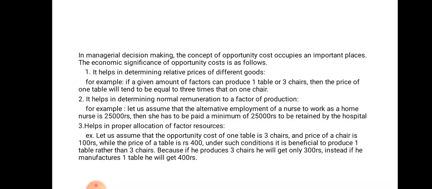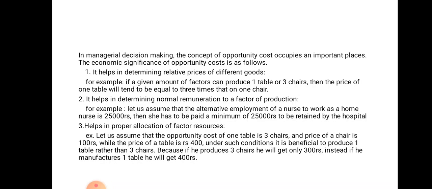Then, if she has to be retained by the hospital, a minimum of 25,000 rupees should be given to her because she has a next best alternative. So, this opportunity cost principle helps in determining normal remuneration to a factor of production.